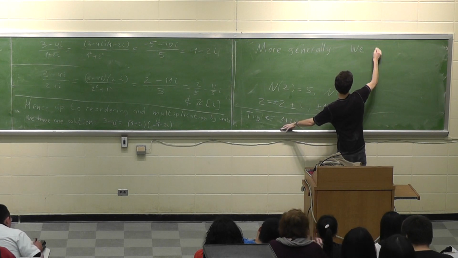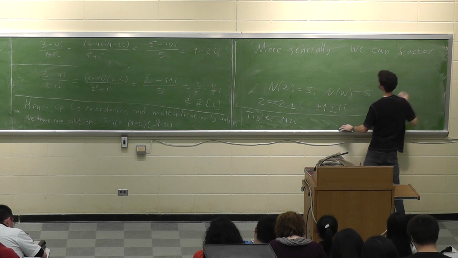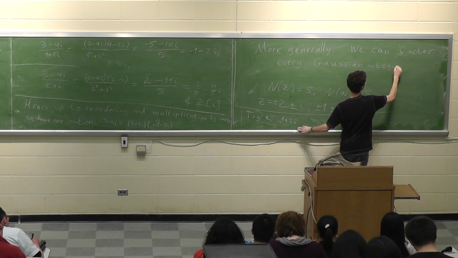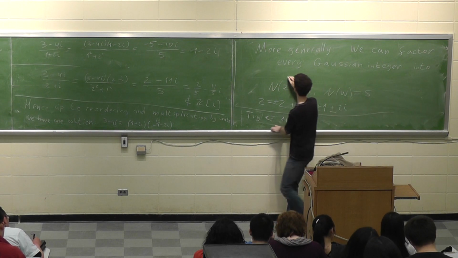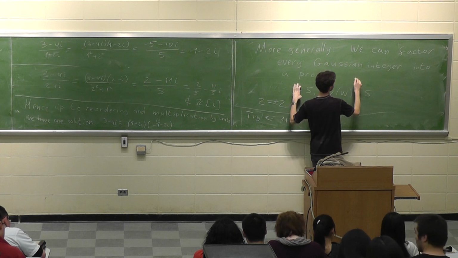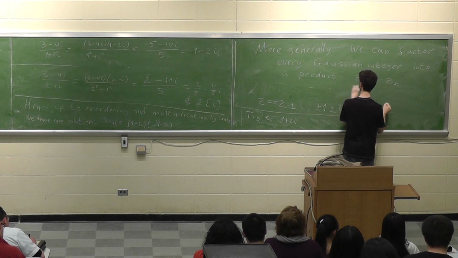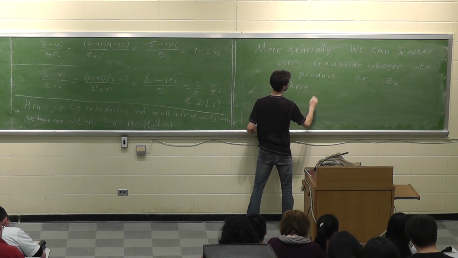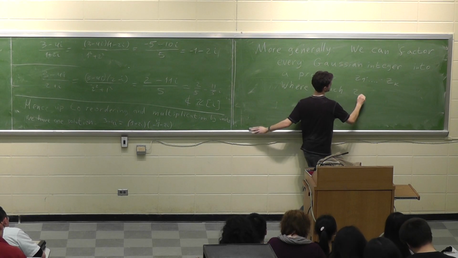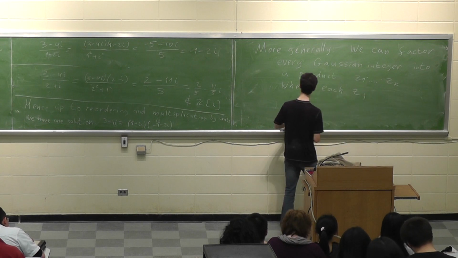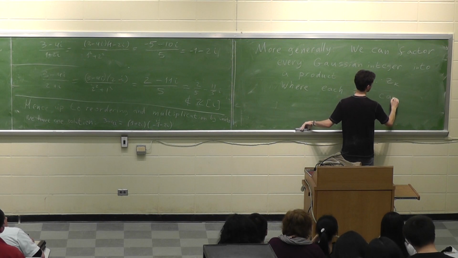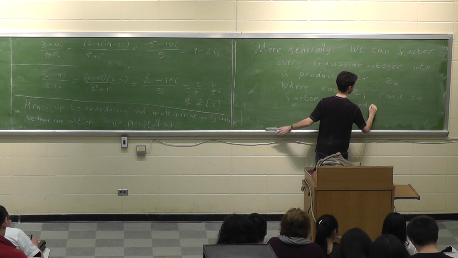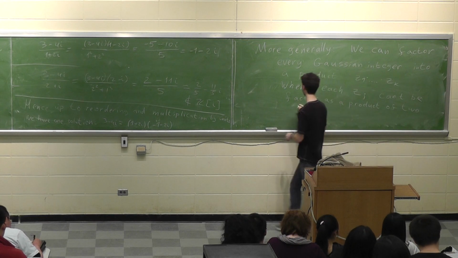So more generally we can factor every Gaussian integer into the product z1 times z2 times ... times zk, where each zj cannot be written as a product of two non-units.